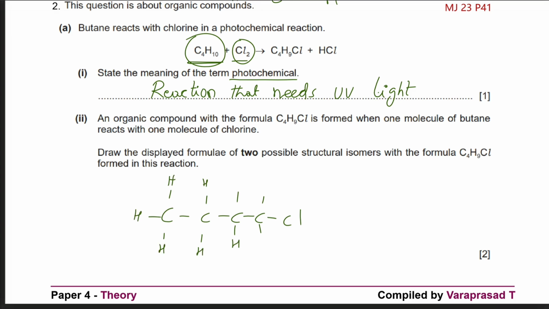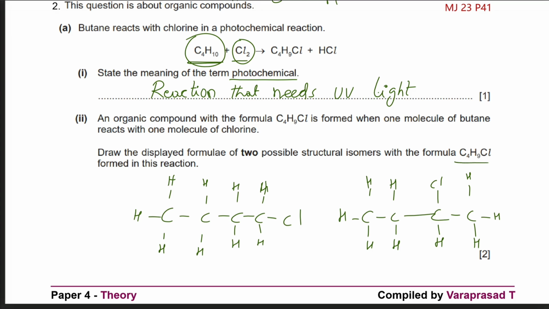And next, you can keep that chlorine on any other carbon, like the second carbon. So this is the another structural isomer for this. Okay, moving further.